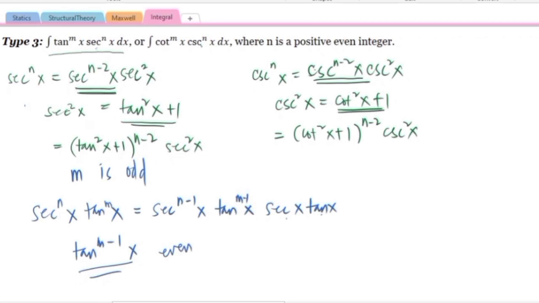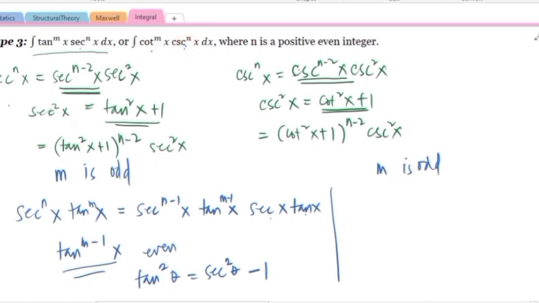So, then we transform the tangent m minus 1 x into powers of secant using the identity tangent squared theta is equal to secant squared theta minus 1. So, how about if m is odd and we have the form of cotangent x raised to m cosecant x raised to n.